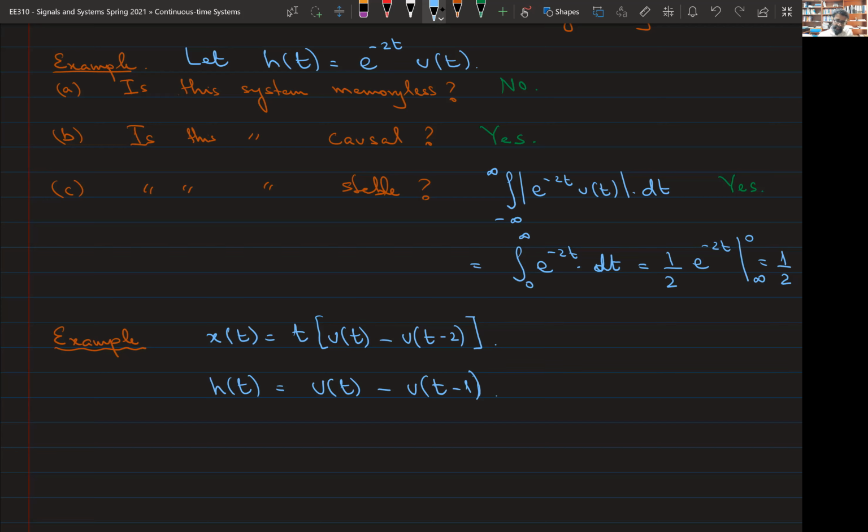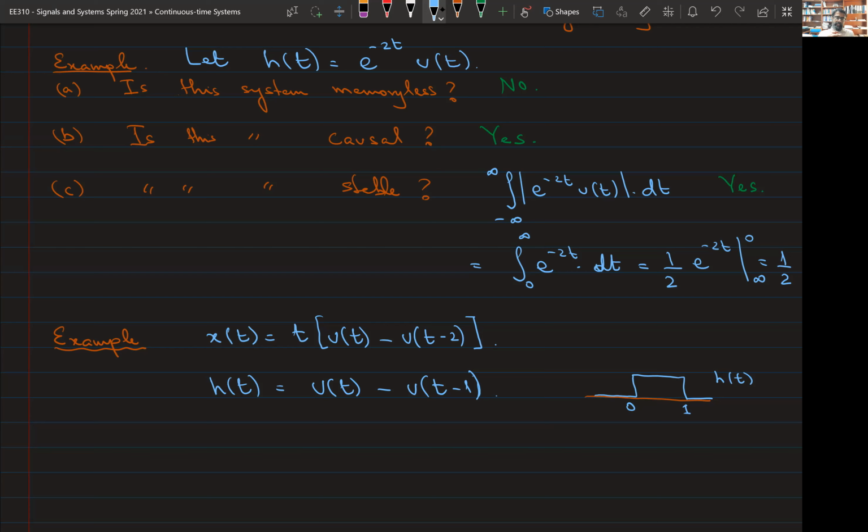So if I were to sketch this out, this h of t would look like a rectangular function, right? So this is like this, and this is 0, and this is 1. This is what h of t is, right? Is the system stable? The system is stable. Why? Because if I compute the area under the curve of the absolute value of the impulse response, I get a finite value, right? So the system is with memory, the system is causal, and the system is stable as well, right?